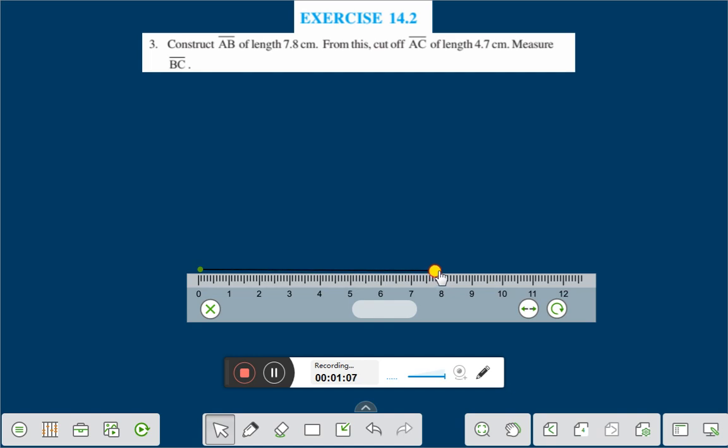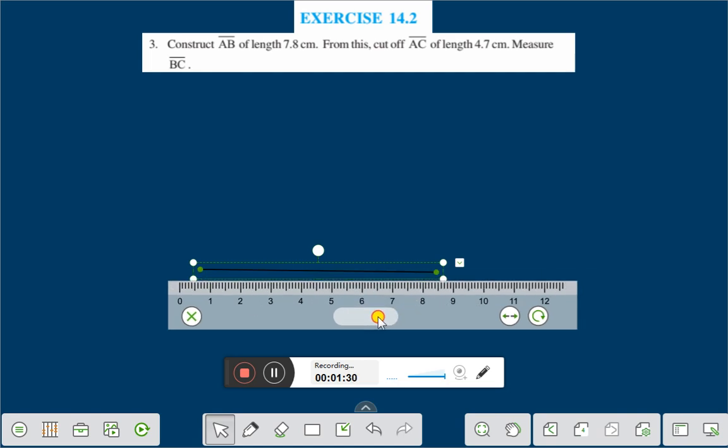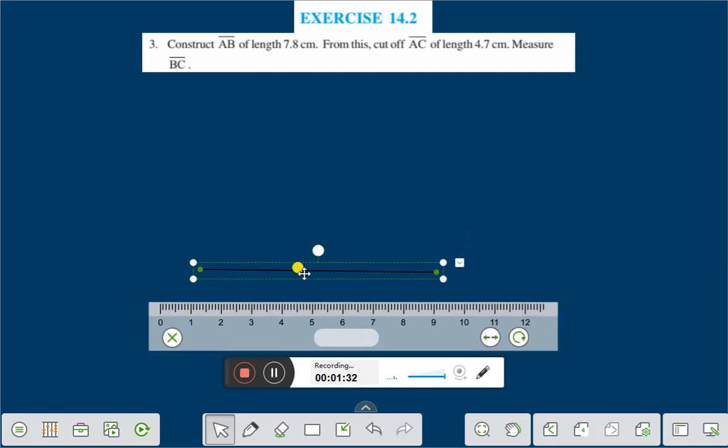This is 7.8. Right, 0 and 7.8. Now this is 7.8 centimeter of length AB.